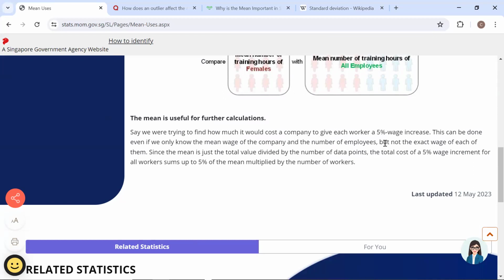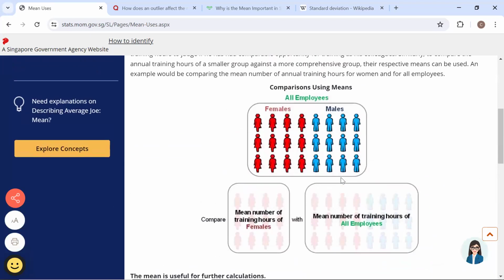Instead of taking everybody's individual salary, increasing it by 5%, and adding up all the increases to find out the total cost, all they need to do is calculate the mean of all the salaries, increase the mean by 5%, and then multiply by the number of employees. They will know how much it will cost the company to give each worker a 5% wage increase. So these are some examples of uses of the mean.